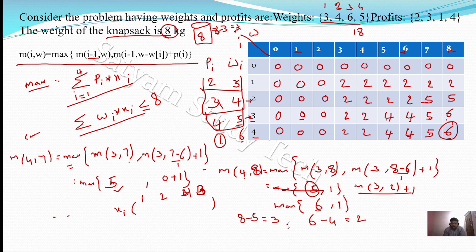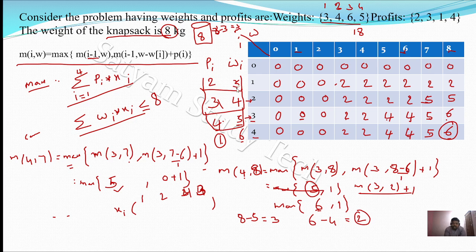Now where is the 2? You can see the 2 is in this row and also in this row. So 2 is because of this object. If you consider this object, you get the profit 2.